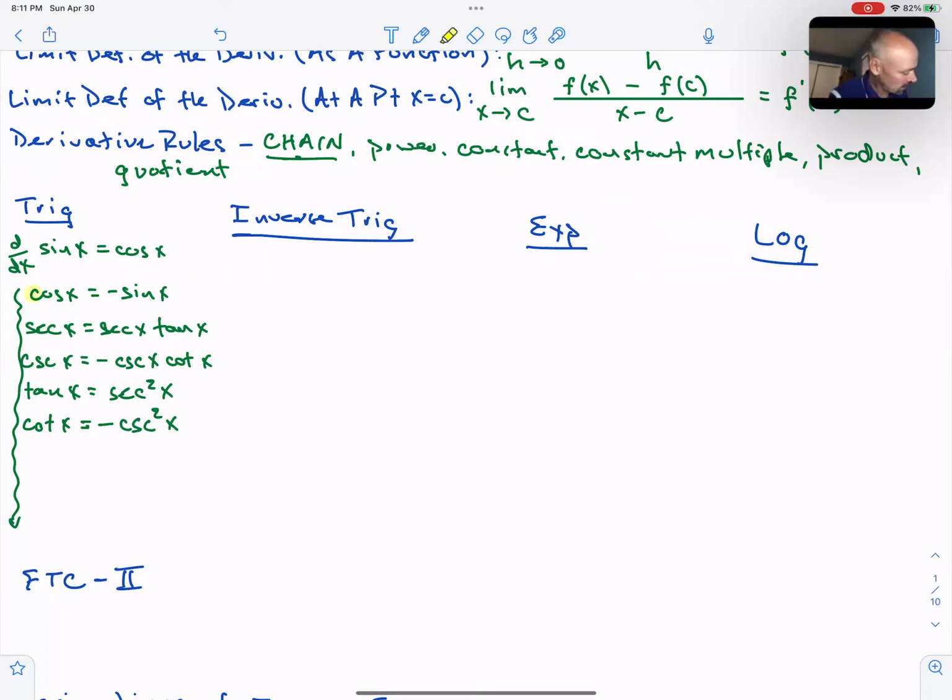We note again all those that begin with c, cosine, cosecant, and cotangent, their derivatives are all negative.